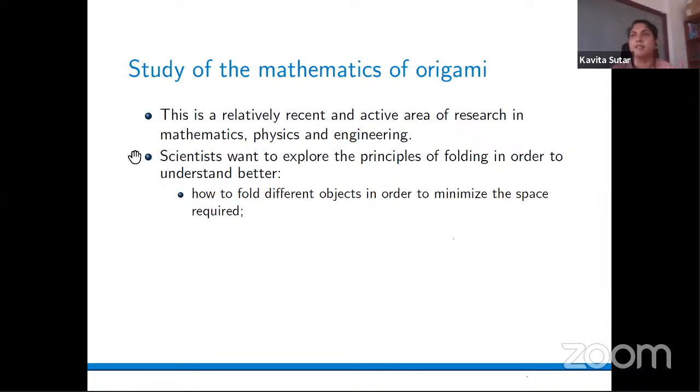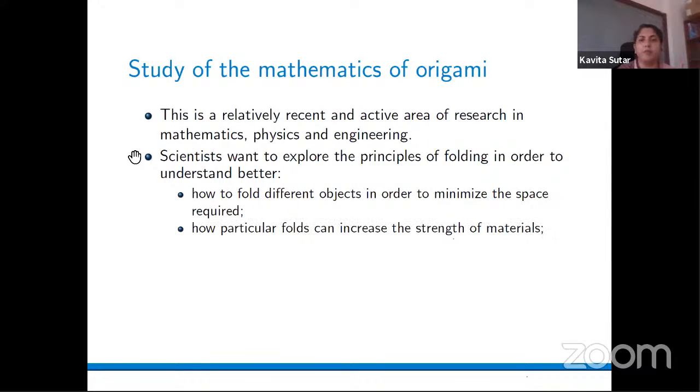This has applications in shipping, for example, or creating travel accessories. Also in space research, because as you will see in the video, they would want to make objects that fold in a compact way and open when they go into space. So the objective of minimizing the space required is an important one.